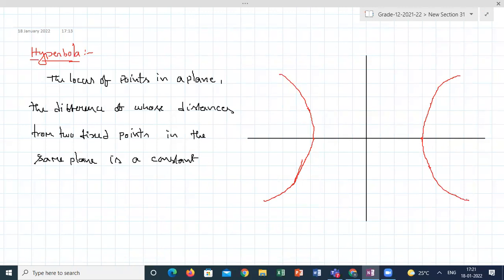If I'm taking two fixed points, this is F1, this is F2.